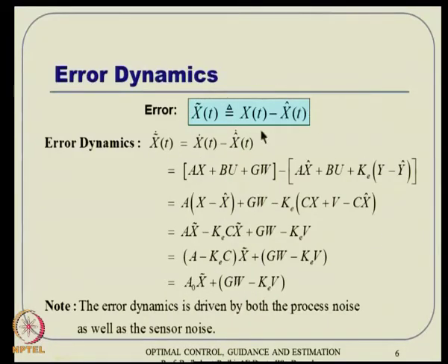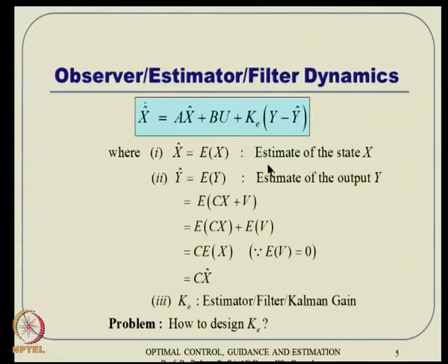So, we define the error, x tilde is x minus x hat, and then we talk about the error dynamics, how the error propagates with time. So, x tilde dot is nothing but x dot minus x hat dot, simply from this definition. Then x dot is nothing but Ax plus Bu plus Gw, whereas x hat dot is nothing but the observer dynamics, which is that.